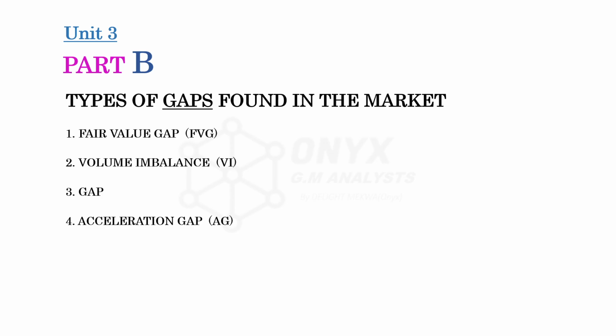Now, number one, we have what we call a fair value gap. It's also referred to as FVG. Number 2 is volume imbalance, VI. Number 3 is just gap, which means standard gap. And then number 4 is acceleration gap, AG. Let us see exactly what it is that we are talking about.